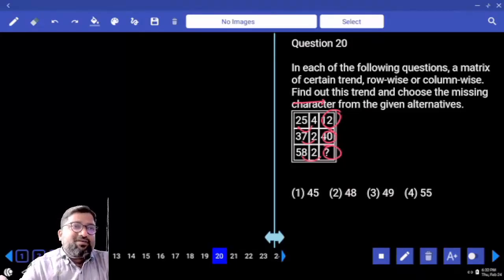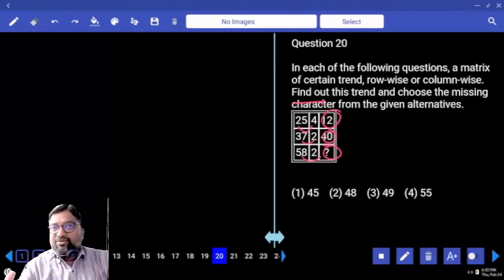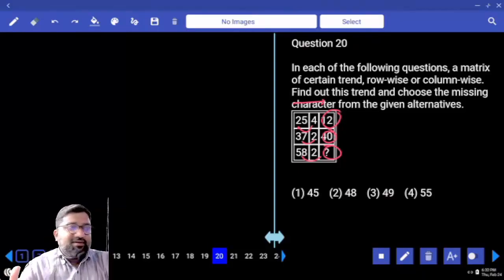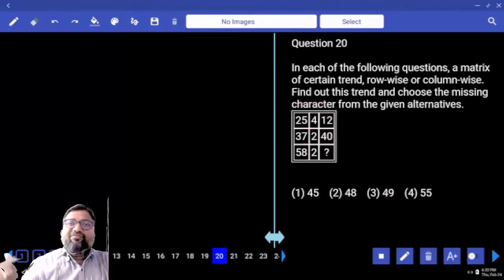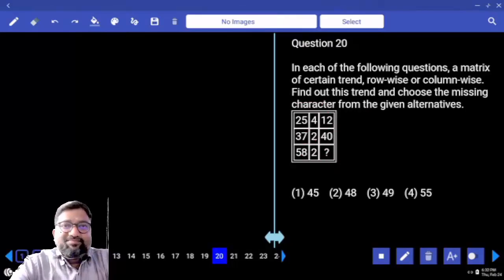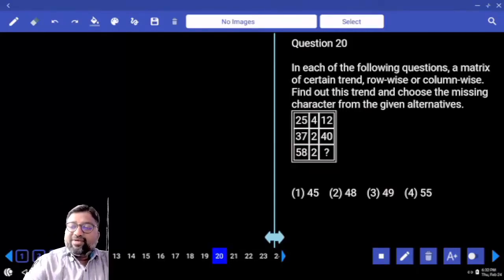Yes or no? This is what generally happens. I don't say every time you have to go with the same thing. But generally with first and second, we go for the third number. Even if you go for the column operation, what I suggest to you is, look at the biggest number.